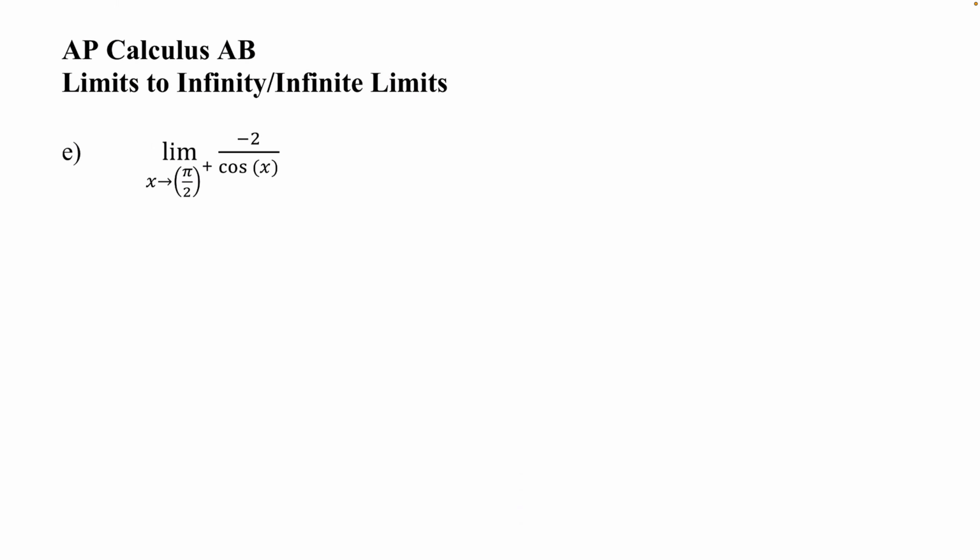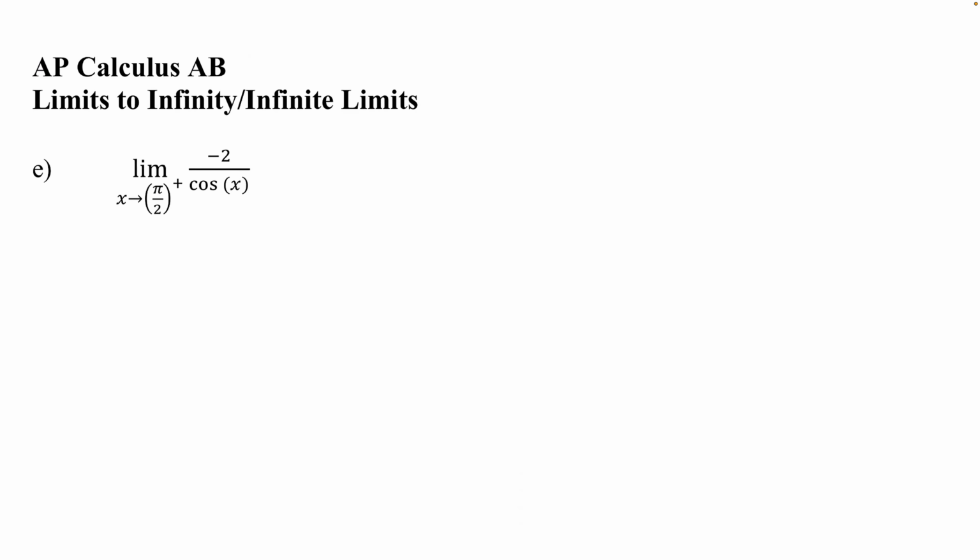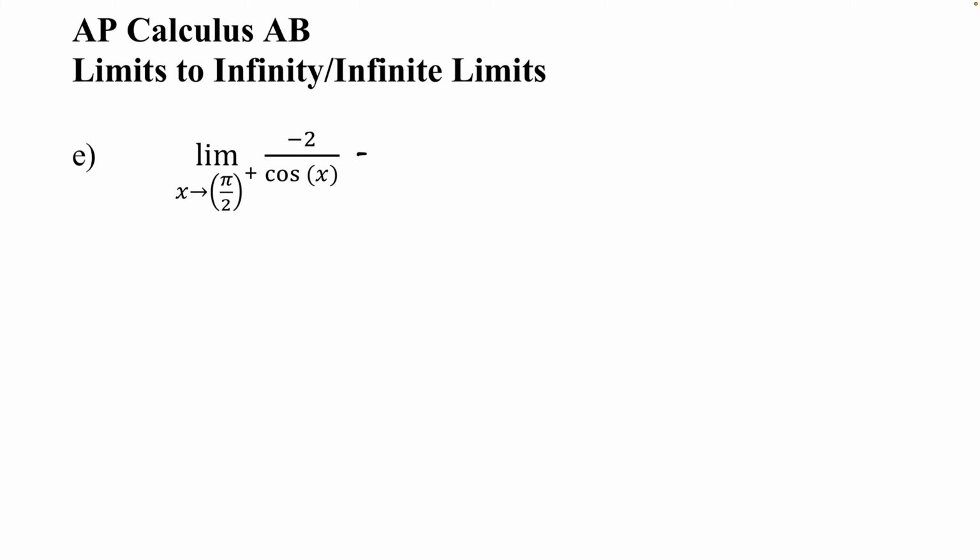So yeah, first things first, doesn't matter what type of function it is, plug it in. If I plug in pi over 2, I'm going to get negative 2 on top, and then cosine of pi over 2 on the bottom. Remember, cosine function is a wave.